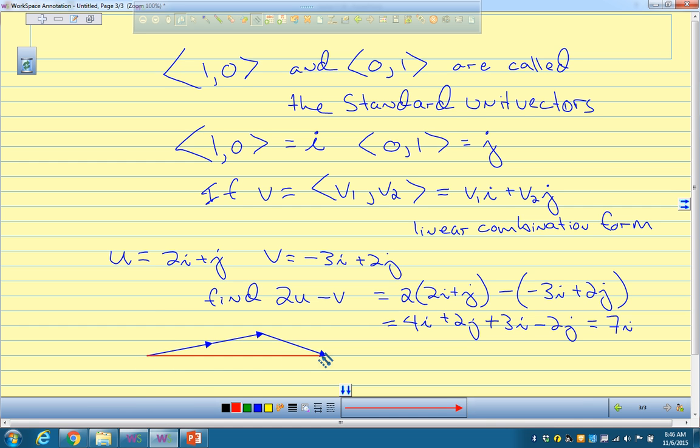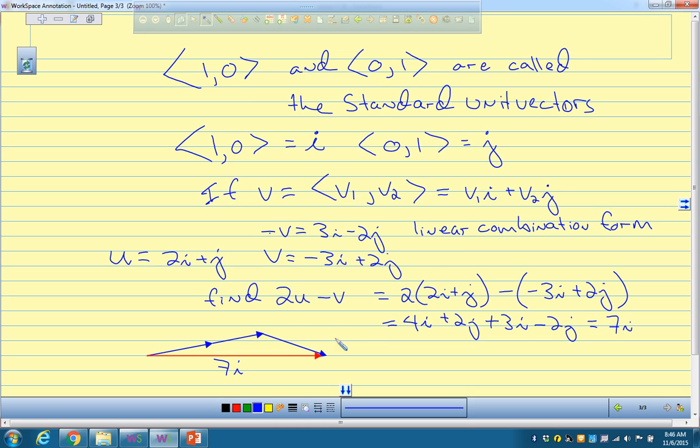Since it's not going up or down, that's why this one is 7i. You see what that means? Here's 2i plus j, another 2i plus j, and minus (negative 3i plus 2j) is actually adding the opposite, so that would be minus v, which is equal to positive 3i minus 2j, right?